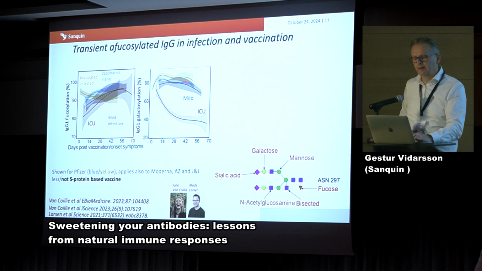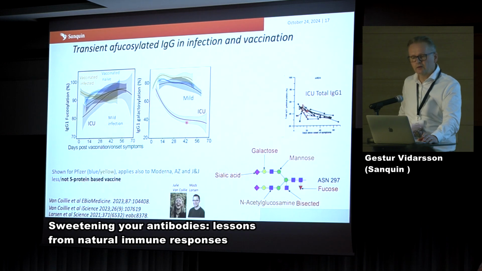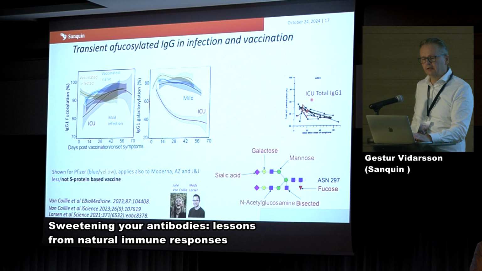But if you have a really serious disease, or you are hospitalized on ICUs, you see that in a matter of weeks it drops really, really quickly. So the specific antibodies are dropping like this. And you also see this happening in total IgG galactosylation, only in the ICU individuals.